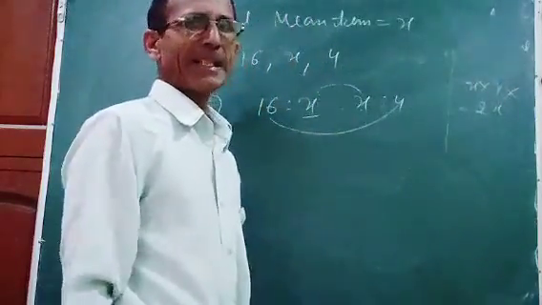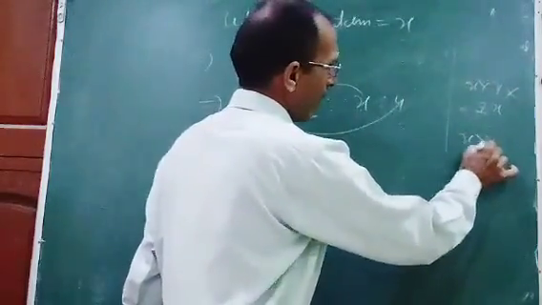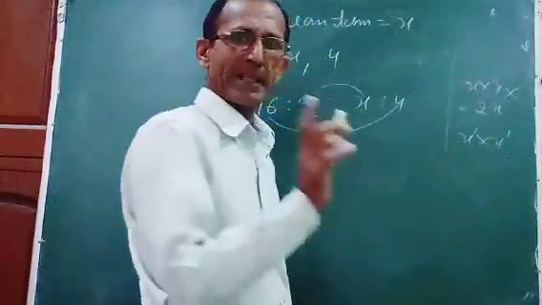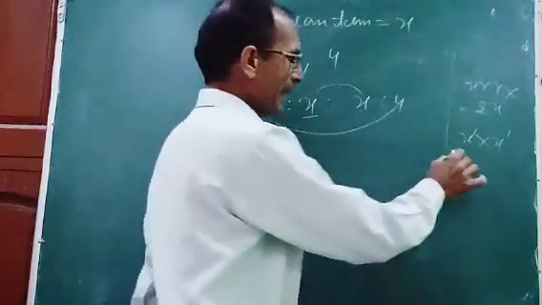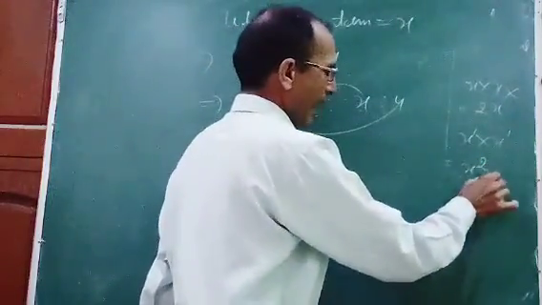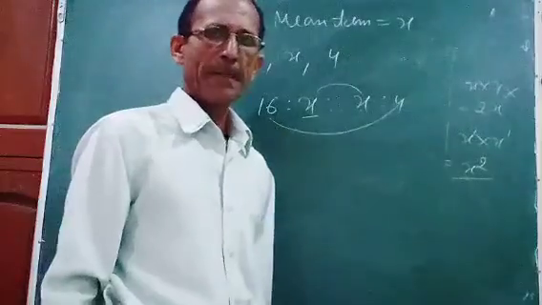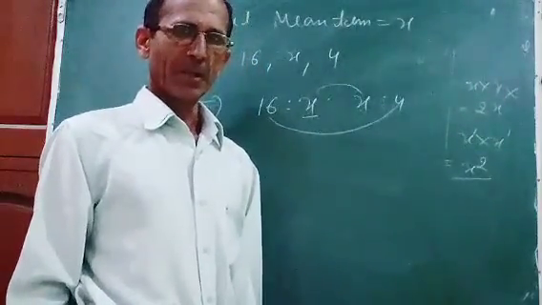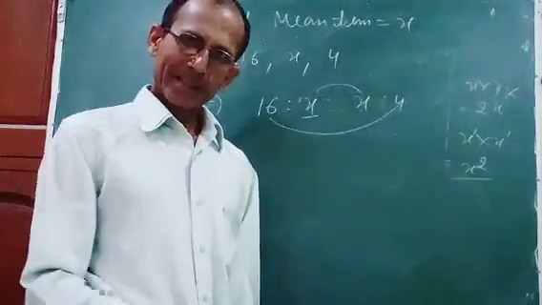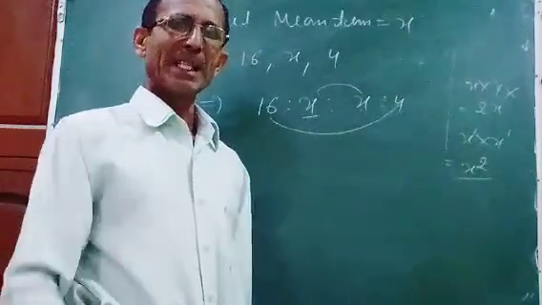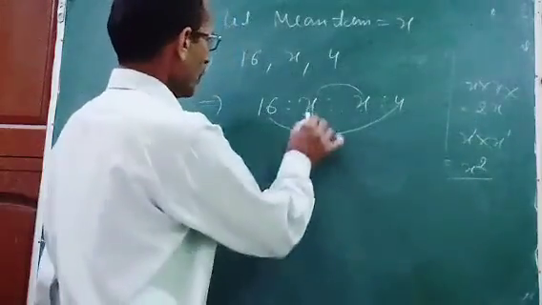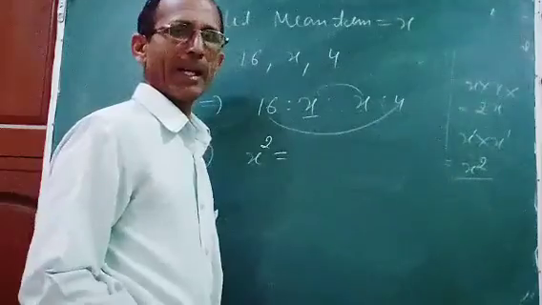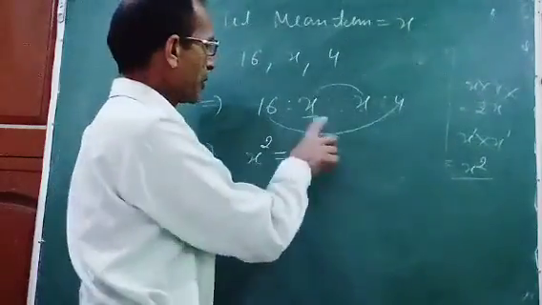X multiplied by x: the power of x is 1 here and here also, the bases are the same, so multiplying them, the result will be x square. If you multiply x with x, the answer will be x square. Don't say 2x, that is addition. X multiplied with x is x square. Are you understanding? Okay, don't make this mistake.